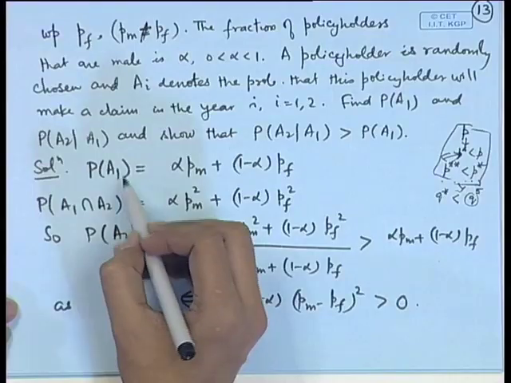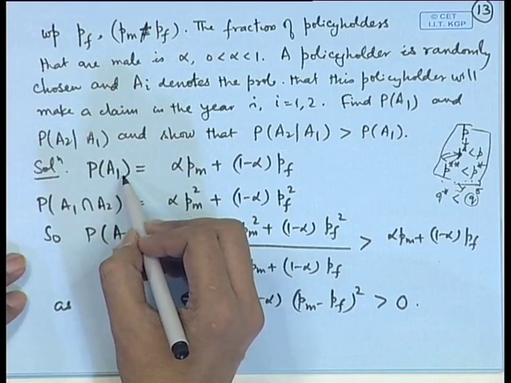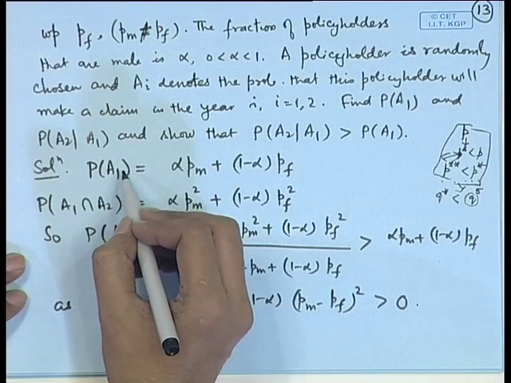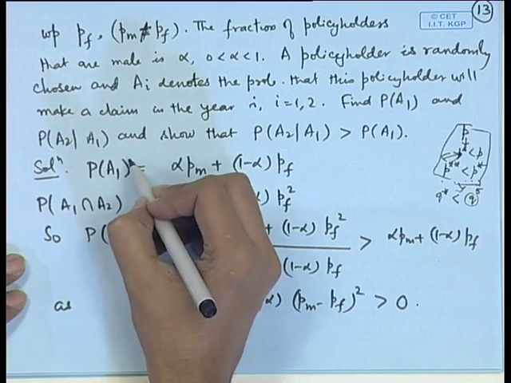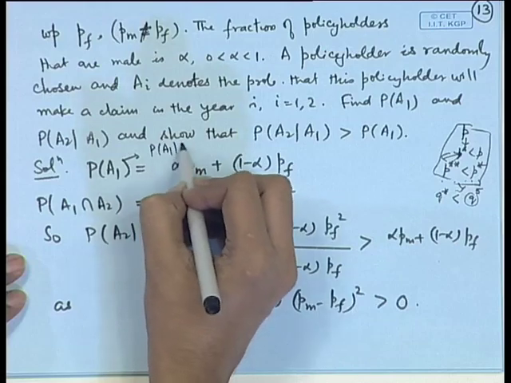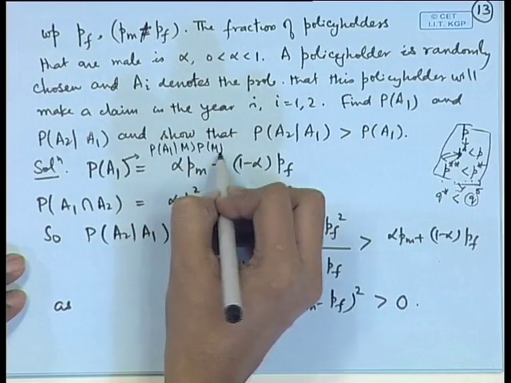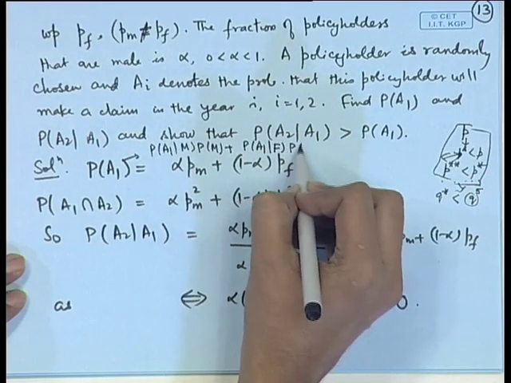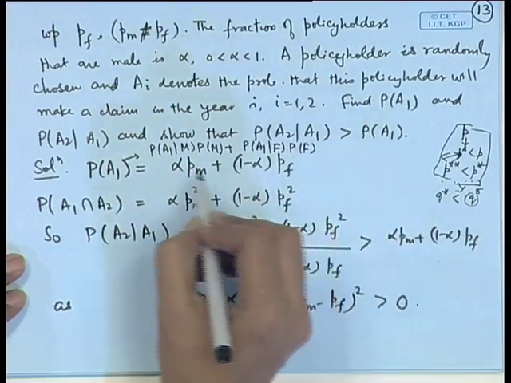So, using the same argument, probability of A 1, that means the person makes a claim, is by using the theorem of total probability. This is probability of A 1 given that he is a male, plus probability that he makes a claim given that the person is a female.